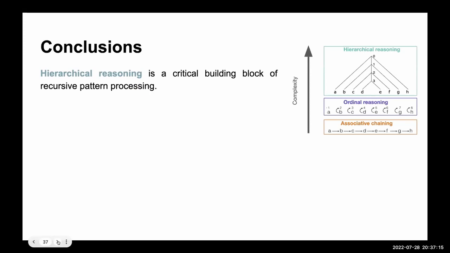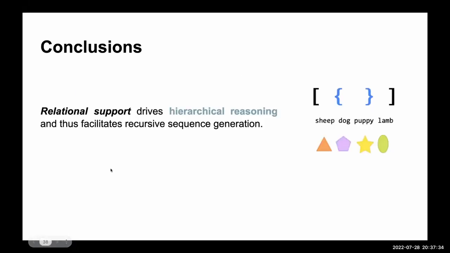So what can we more generally conclude from these results? The first is that hierarchical reasoning is a critical building block of recursive pattern processing. Second, relational support drives hierarchical reasoning and thus facilitates recursive sequence generation.